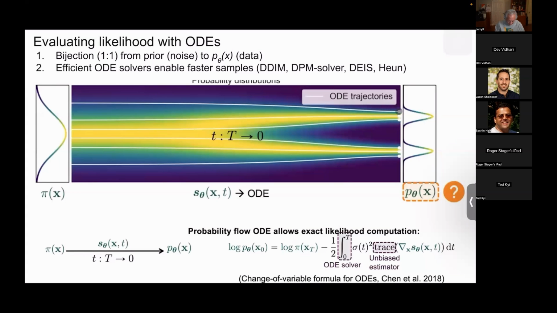And the reason this function f theta is learned for consistency models relies on the core fact that there's a one-to-one mapping between the noise and the data.